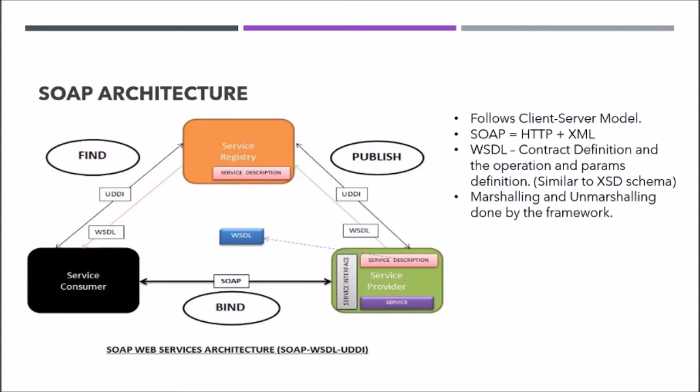Marshalling and unmarshalling is nothing but converting an XML into an object and an object into XML. This inbuilt capability will be there in any framework which involves building a web service architecture. So this is the high level information about web service and SOAP.